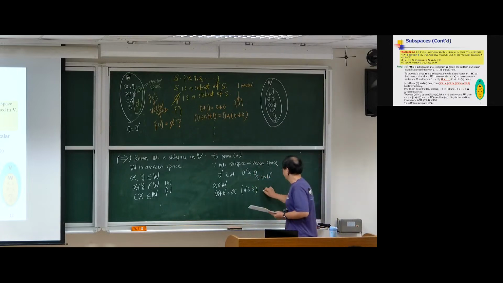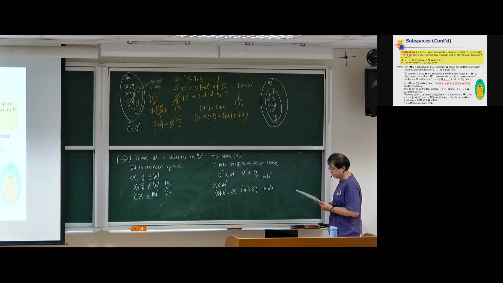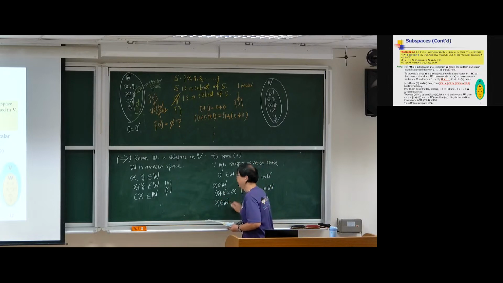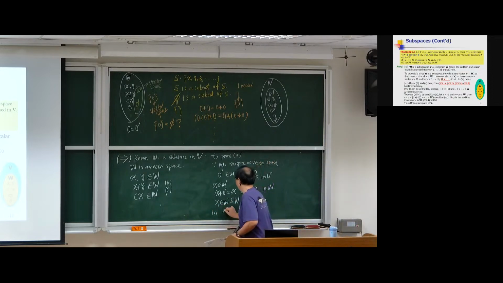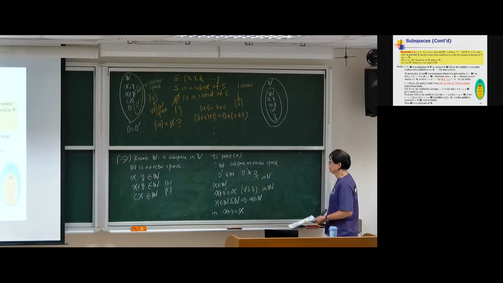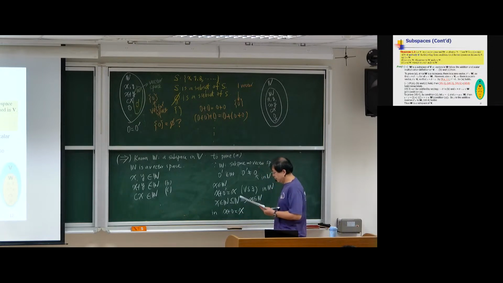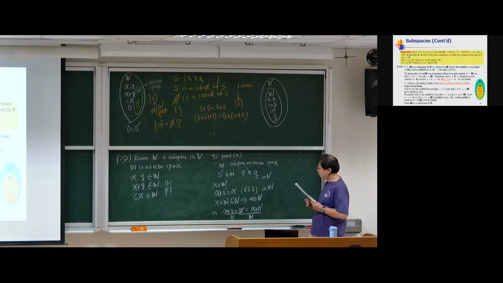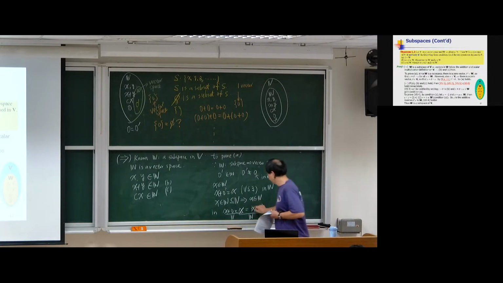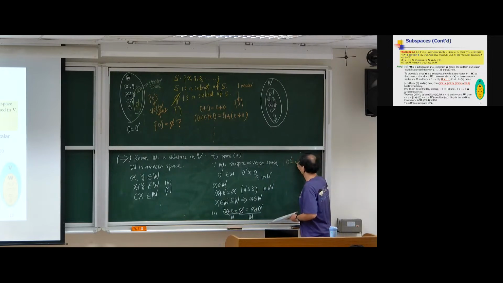Okay, so that is in W. Then, because X belongs to W, and W is contained in V, it means that X is also in V. So then, in V, VS3 tells us X plus 0 equals X. So then we have X plus 0 equals X, and X plus 0 prime equals X in W. So here this is in V, and here it is in W. Okay, so then if we cancel here, we have 0 prime equals 0. So we can use the cancellation law.